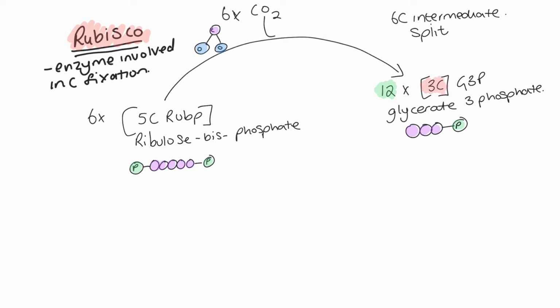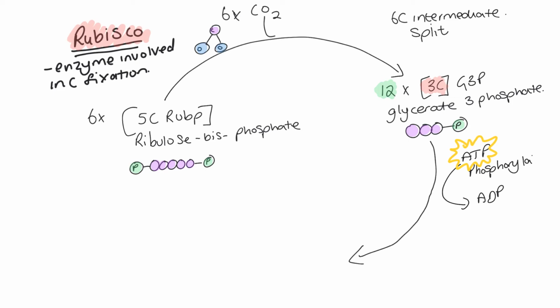Each of these G3Ps is then phosphorylated using an ATP molecule to donate an inorganic phosphate. This intermediate is then reduced. So reduced NADP from the light-dependent reaction comes along and donates its hydrogen.